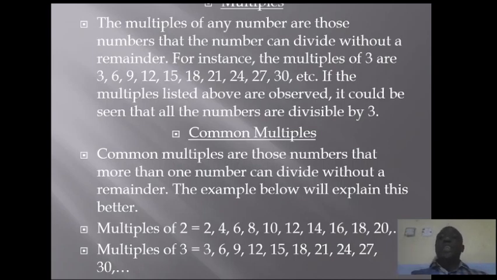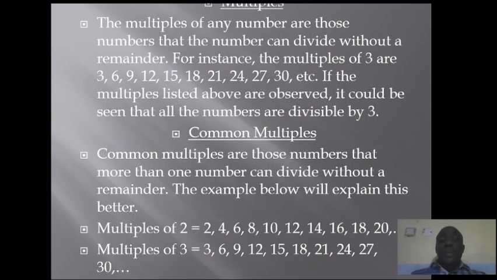In other words, 3 times 1 is 3, 3 times 2 is 6, 3 times 3 is 9, 3 times 4 is 12, 3 times 5 is 15, to infinity.